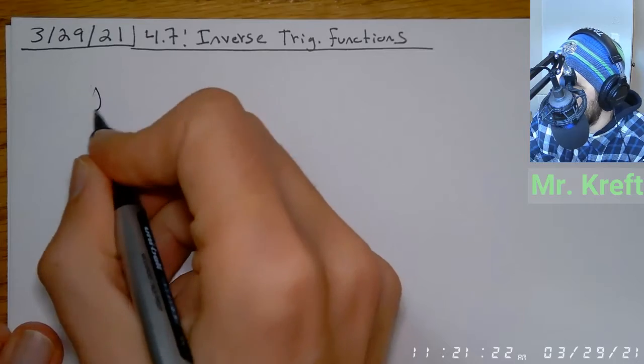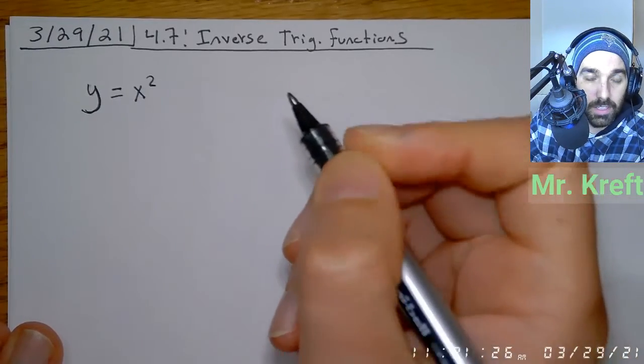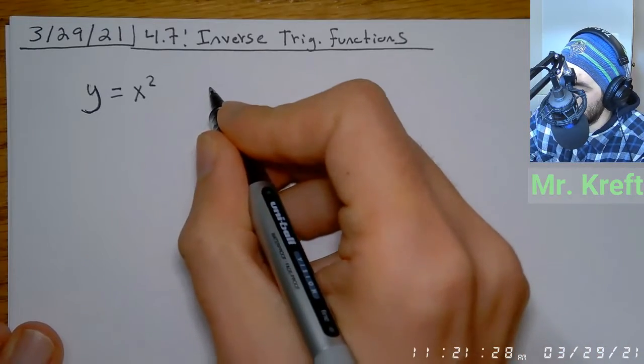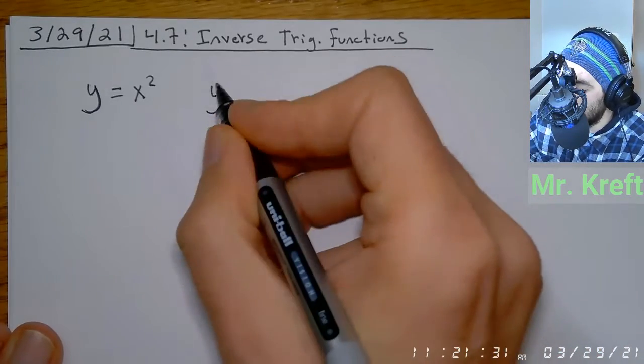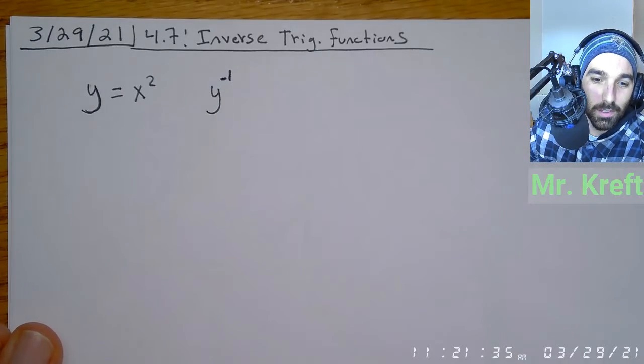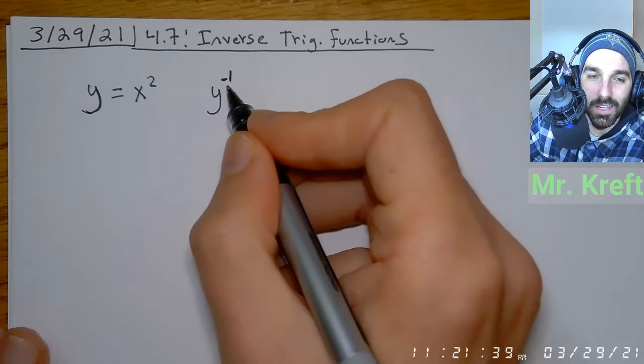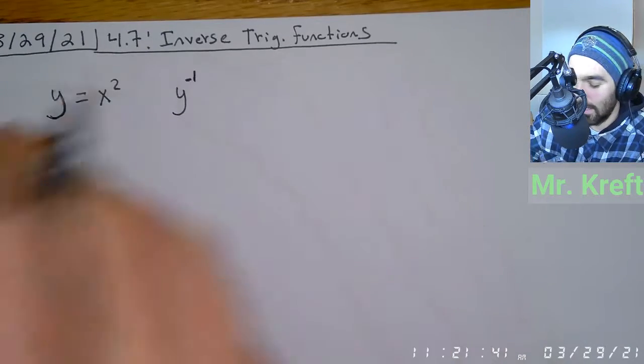So for example, if I had y equals x squared, right? The inverse of this, we would write, so our function, our output is y, and we do a little like this. Now, I know if you read in books, it looks like it's y to the -1, but it's not a -1.